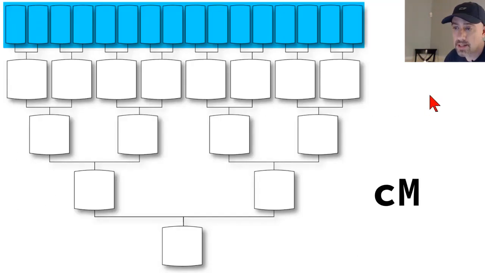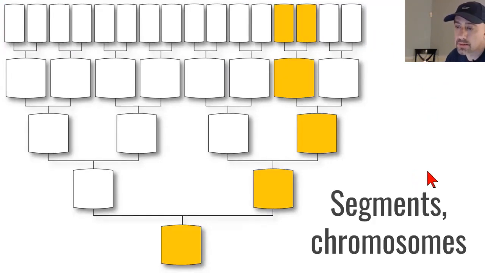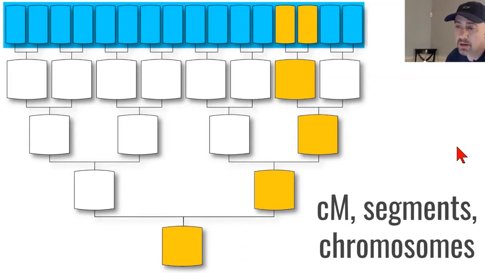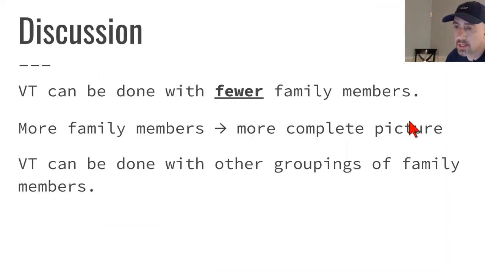So to visualize that, centimorgan values might have us focusing primarily on this generation, and information about individual shared segments on individual chromosomes might have us focus on this specific line. And when we compare total centimorgan values with segment information and individual chromosome information, we can really focus in very nicely in many cases.